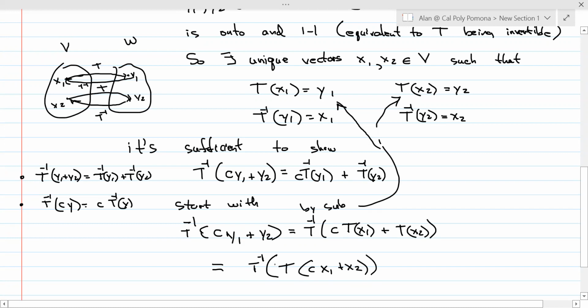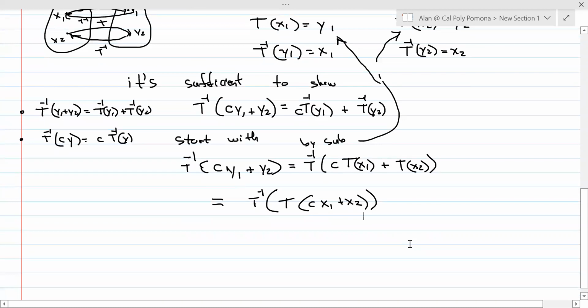And all we've done here is make use of the fact that T is a linear transformation. So T of this would be equal to that by linearity. Okay.